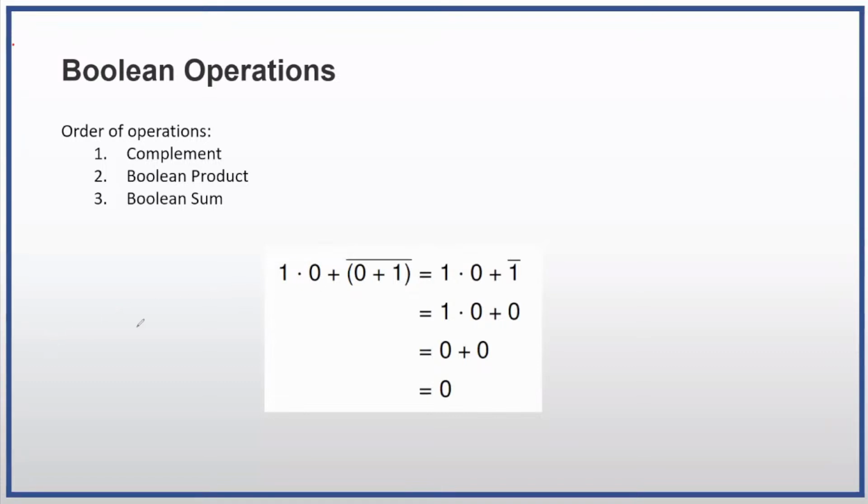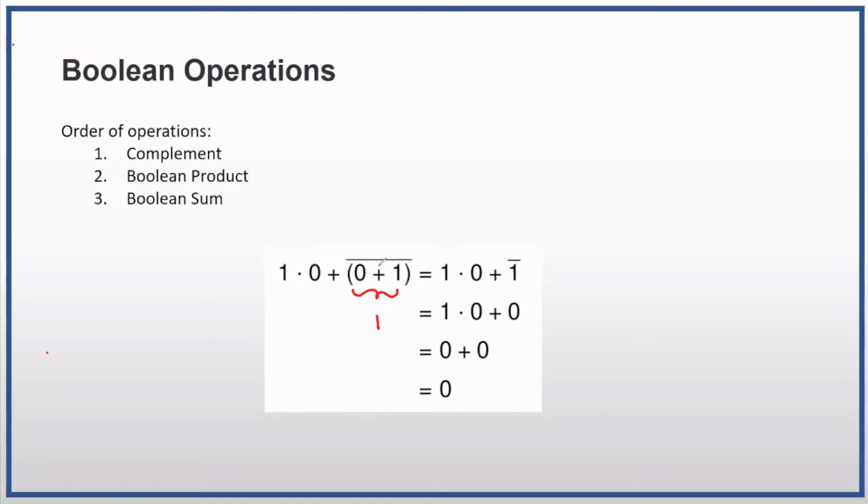So the first thing that you have to do according to this order is the complement part. So by this, you have to get 0 plus 1, which is 1. This complement is applied to this bracket. So we have to get the answer of this bracket and get the complement before doing other sums and products outside of this complement.